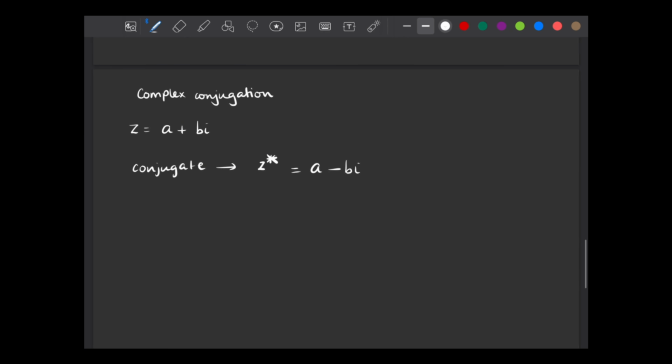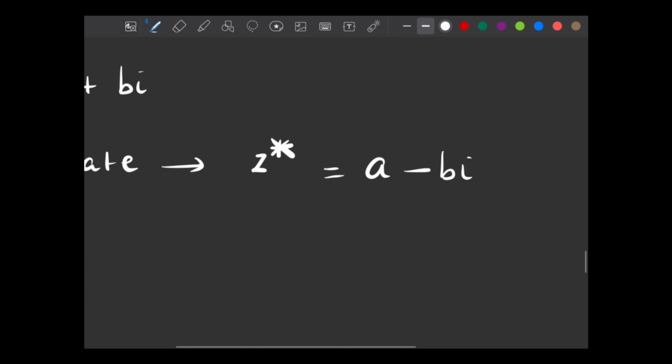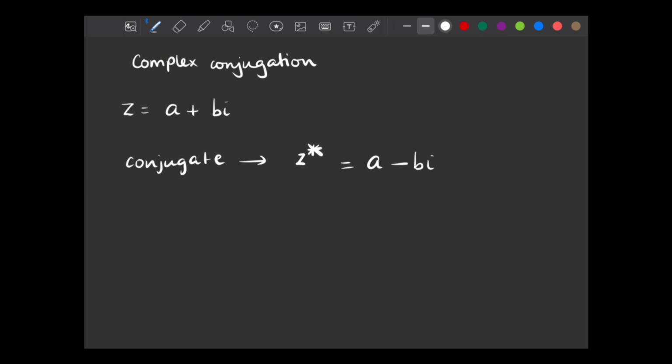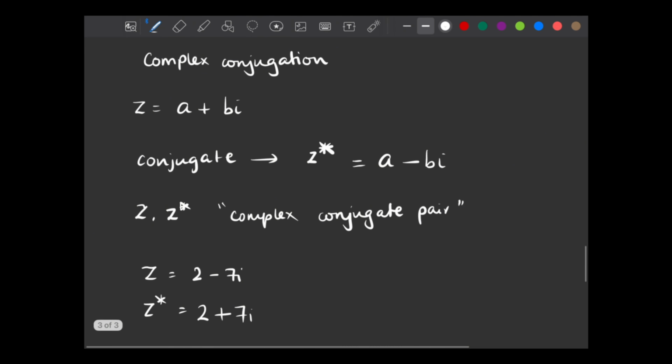So we usually use z with a little superscript of a star to denote the complex conjugate, and together z and z star are known as a complex conjugate pair. So let's say we have a complex number, 2 minus 7i. The conjugate pair would be 2 plus 7i. So we've just changed the sign in the complex conjugate.